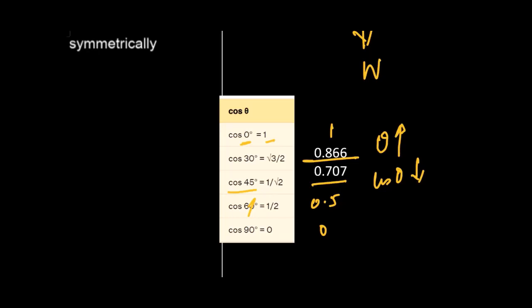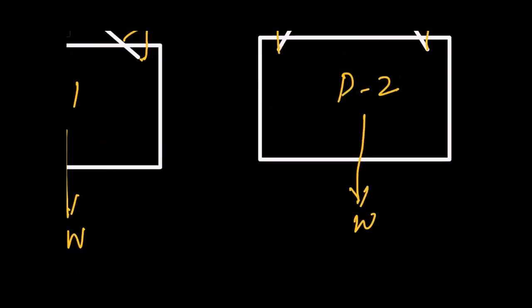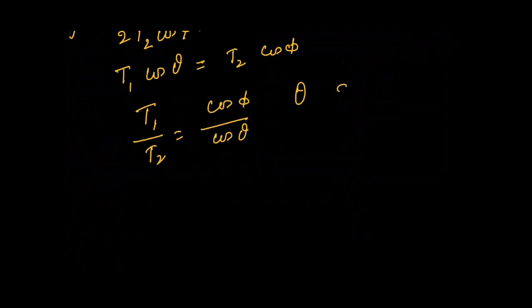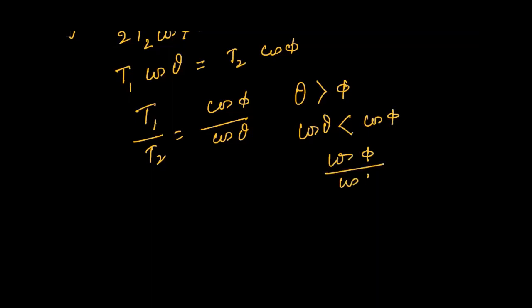So if there are two angles theta and phi, and theta is greater than phi, then cos theta is less than cos phi. We can write cos phi upon cos theta will be greater than 1. So from here we can write T1 upon T2 will be greater than 1.